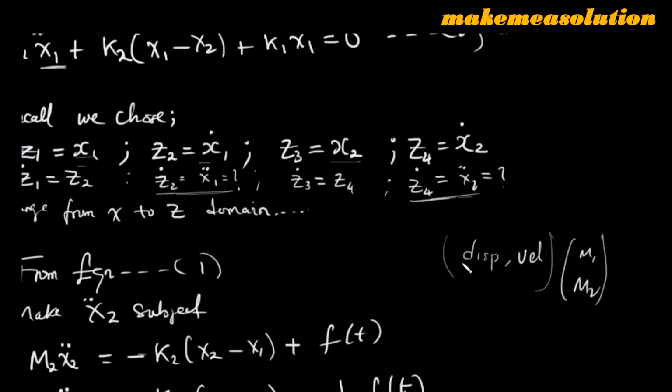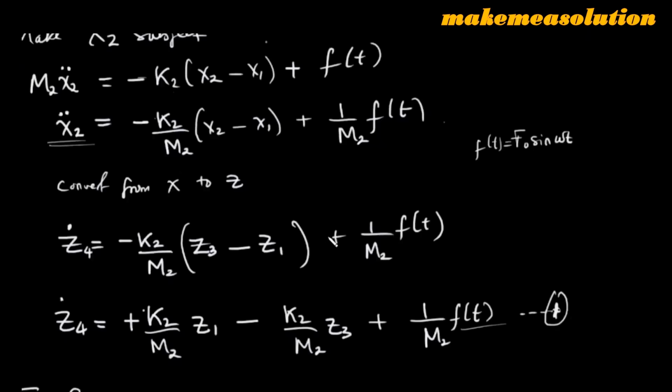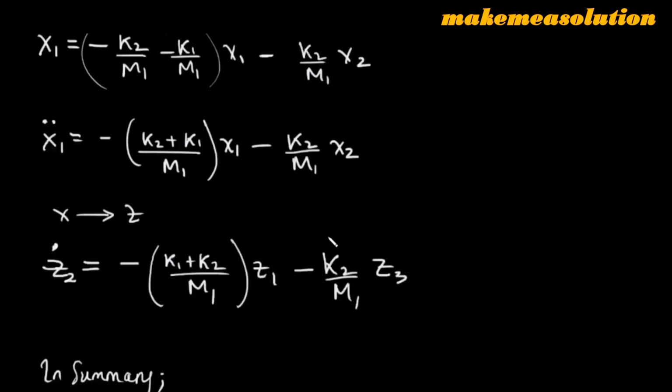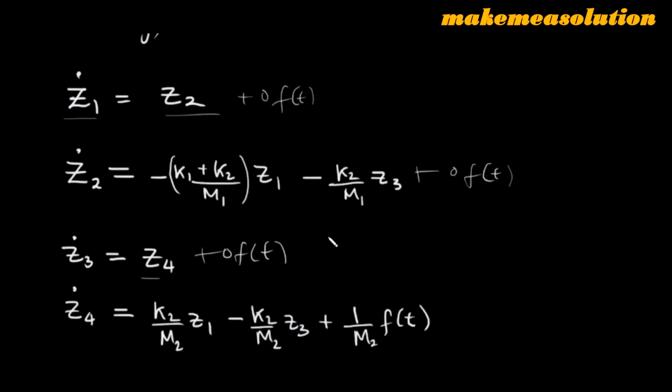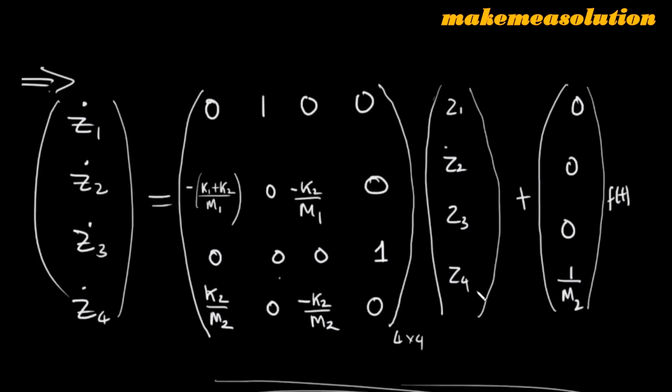So it yields four equations: displacement and velocity for m1, displacement and velocity for m2. So that gives us four states. Displacement of m1 is one state, velocity of m1 is another state, displacement of m2 is one state, and velocity of m2 is another state. So four states having four differential equations, that can be represented by this system here. And we should not forget our input signal over here.